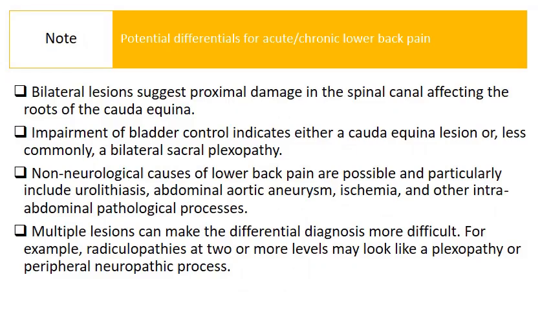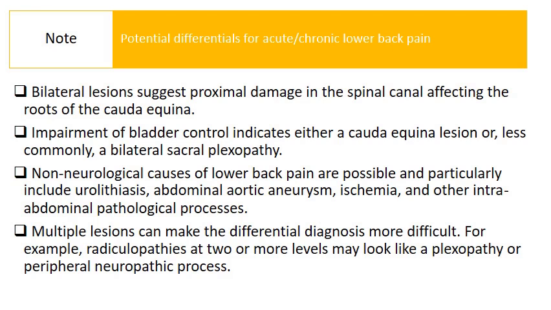So let's talk quickly about some acute and chronic differential diagnoses that cause low back pain. Bilateral lesions, meaning if you find pathology on both sides with symptoms maybe running down both legs, it normally shows that the problem starts up in the spinal canal, affecting the roots and the cauda equina.